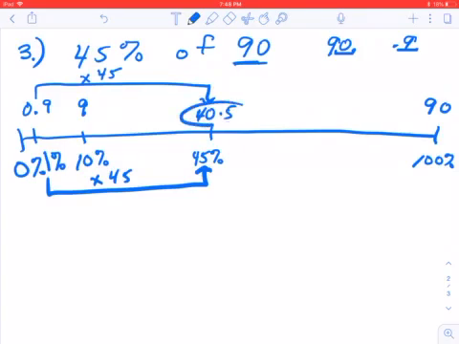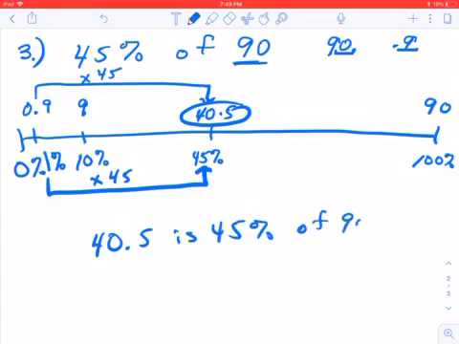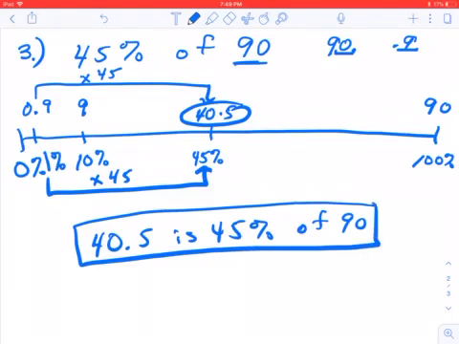So there's our answer right there. So 40.5 is 45% of 90. There's your answer. Okay? We're just going to do 2 more and then we're done.